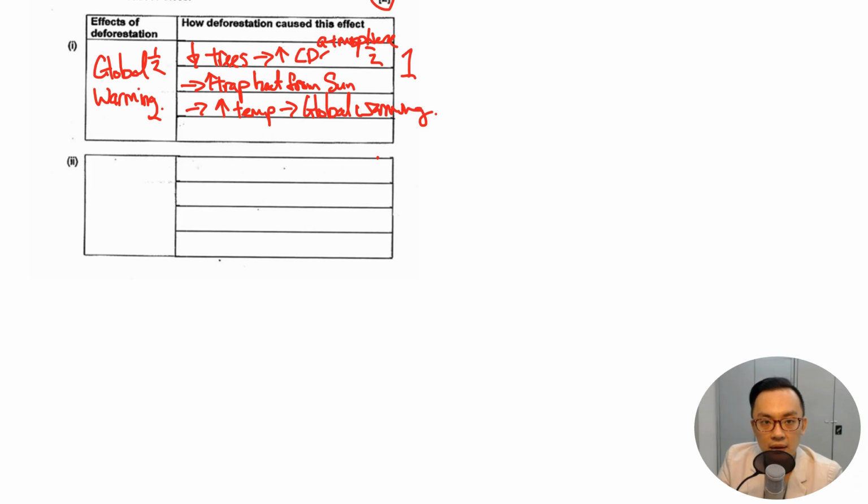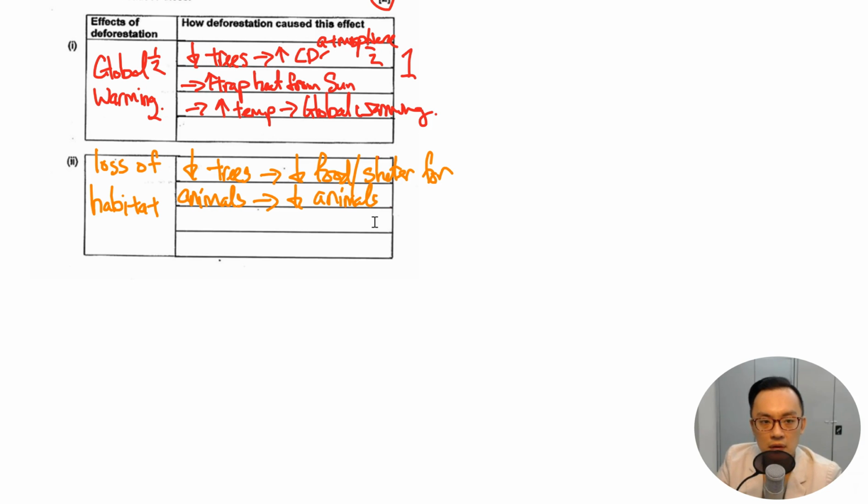Another bad thing is actually what you call loss of habitat. And you have fewer trees, you have less food, shelter for animals, and therefore you have fewer animals.